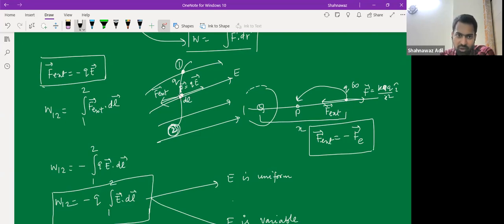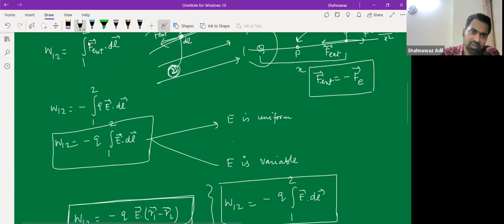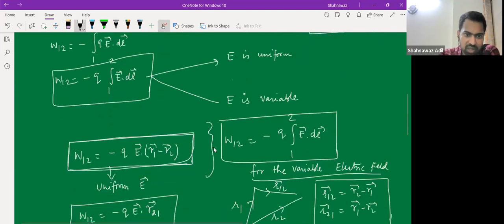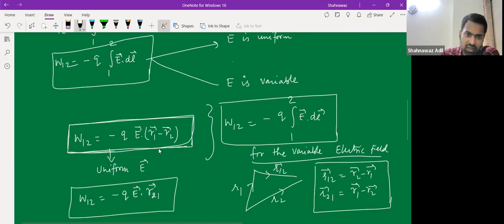Then this work done would be simply F external dot dl, and F is minus QE, so minus QE dot dl. This is the work done in an external electric field. And this E can be uniform or variable. For the uniform case this is the work done, and for the variable case this is the work done.